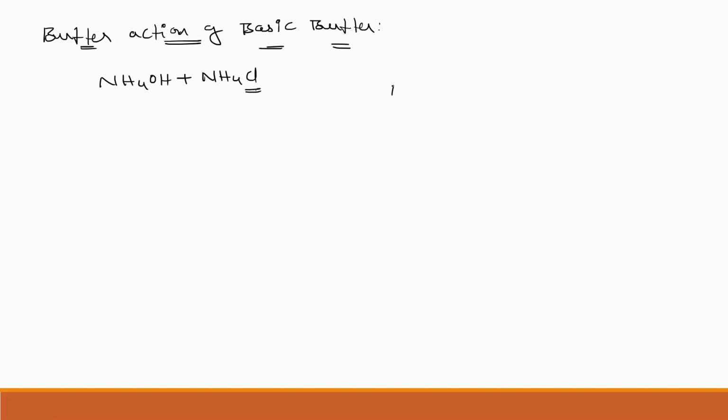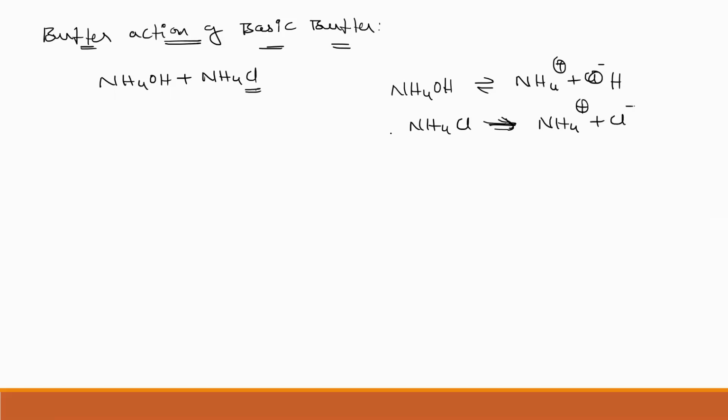So ammonium hydroxide, this will give ammonium ion plus OH minus. And this ammonium chloride will give, this salt, no, ionization will be more, NH4 plus Cl minus. So here the number of ammonium ions is more. So because of this common ion effect, the ionization of ammonium hydroxide will be suppressed.